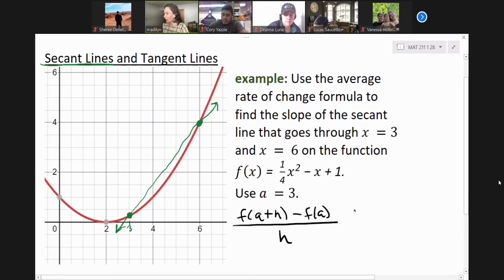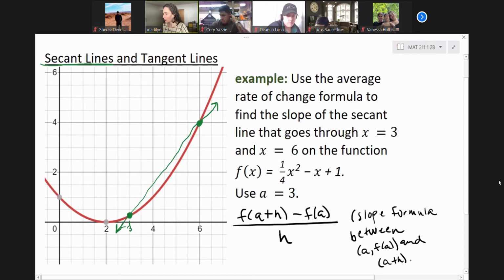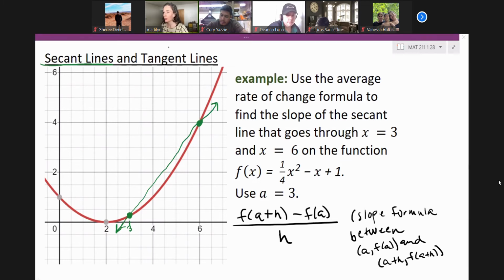So this is really just the slope formula between the points a, f of a, and a plus h, f of a plus h.